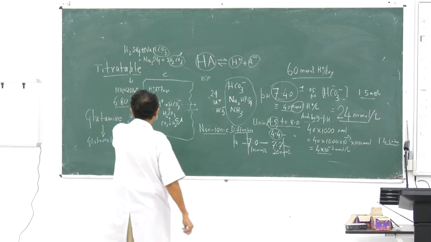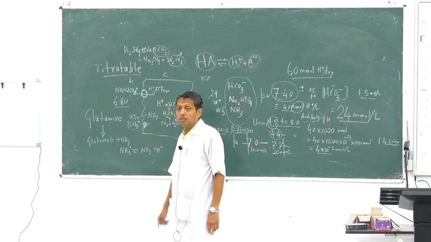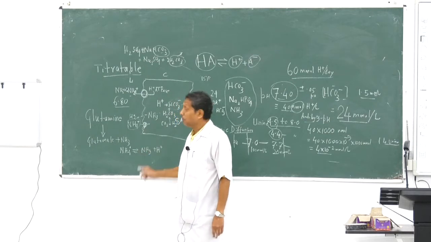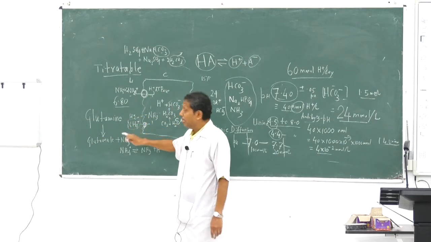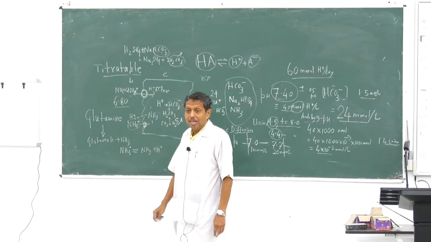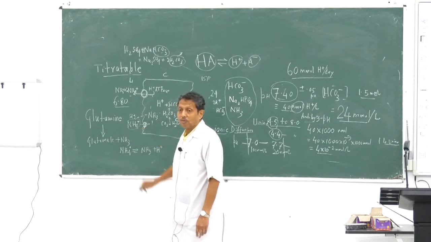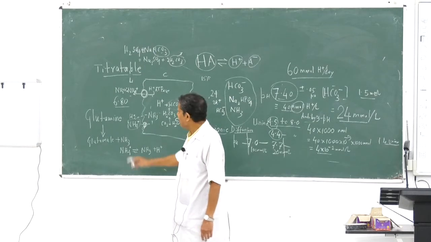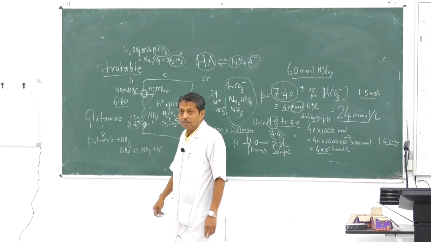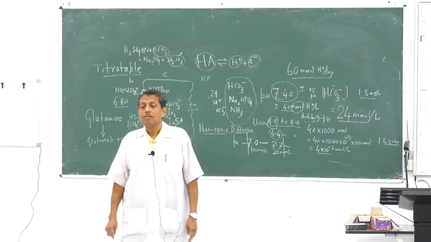It unites with hydrogen. Suppose it is ammonia. It is easily diffusible through all the biological membranes, on all sides. But when it comes into the urine, it picks up hydrogen and quickly converts into the ammonium ion, which is in high concentration due to its pK value.